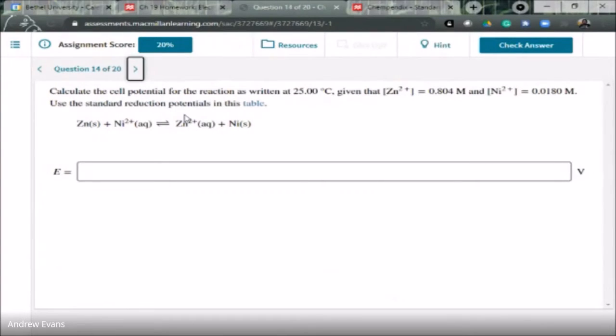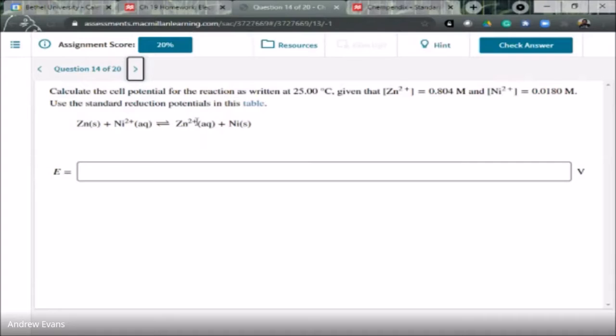Okay. So this one wants us to do two steps. They want us to find the E non-standard. So our reaction is zinc plus nickel 2 goes reversibly to zinc 2 and nickel.